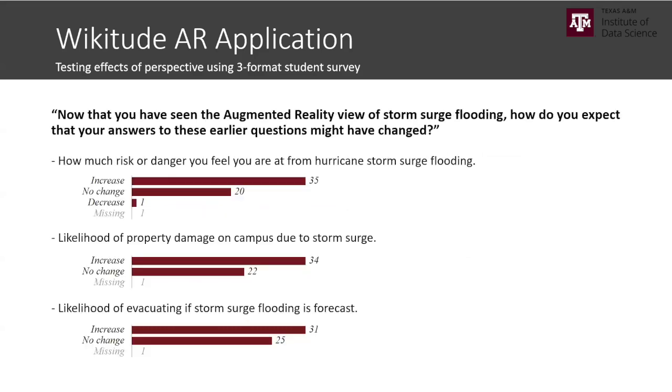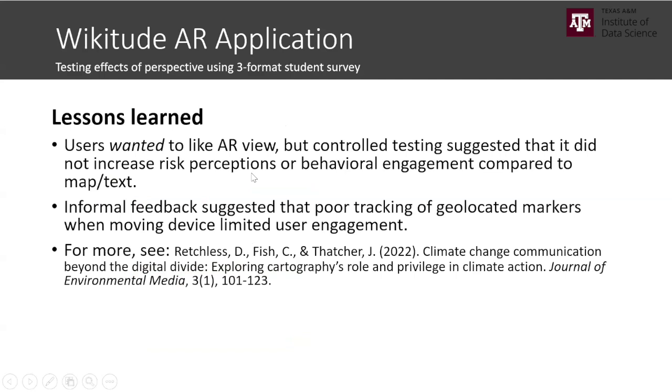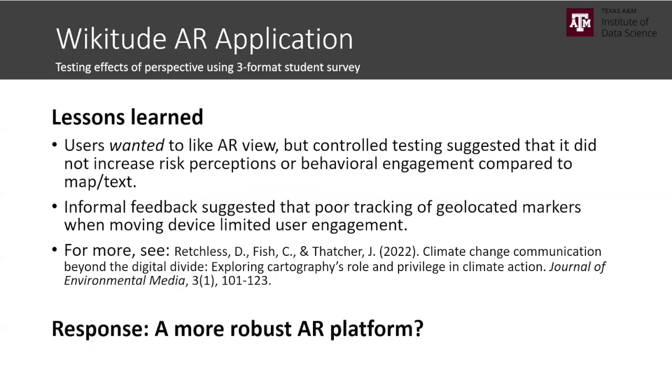And again, I can speculate more on that during the Q&A. But if you're interested in reading more about it, you can take a look at my 2022 publication in the Journal of Environmental Media on climate change communication more generally. But one of the examples cited and discussed in that article is this study.